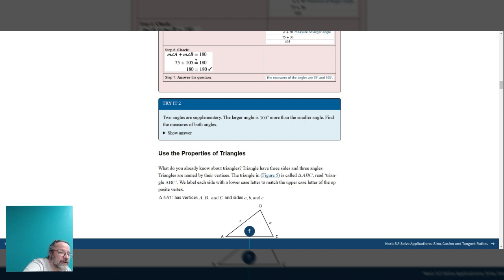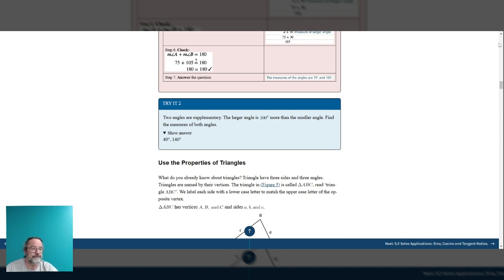We got to get rid of that 100, so we end up with 2X equals 80, X equals 40. So then we know our larger angle has to be 100 more than that, so our other angle is 140. Do 140 and 40 add up to 180? Yes, they do. So let's see if we got the right answer. Yes, we did. Hot dog.